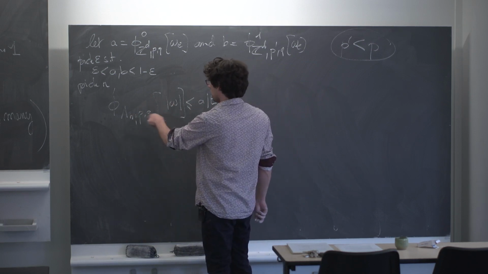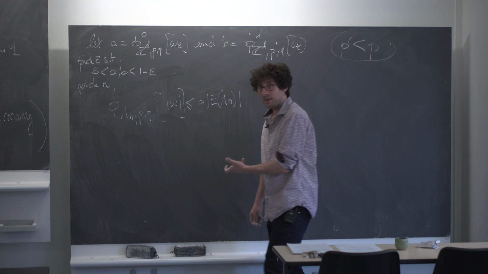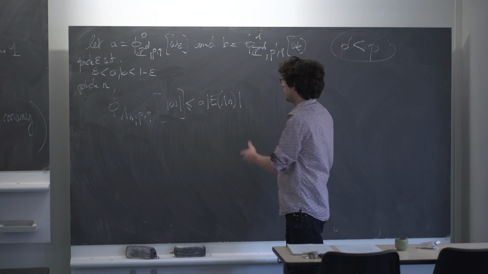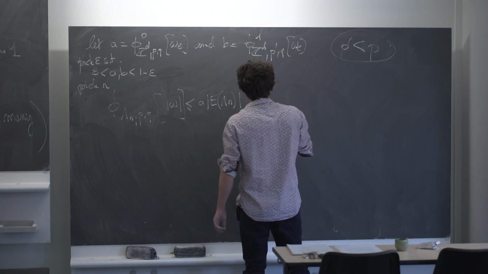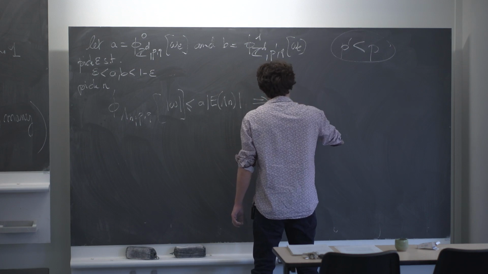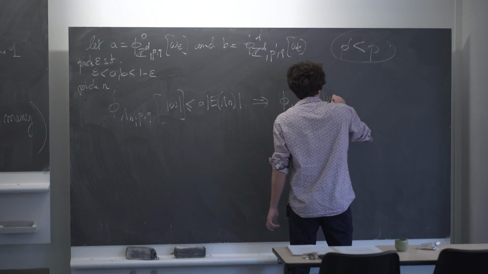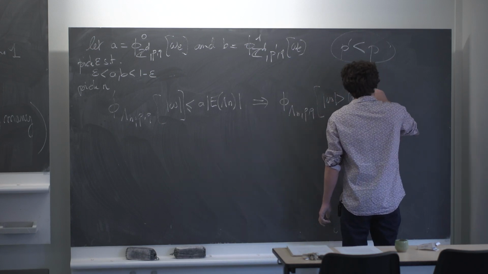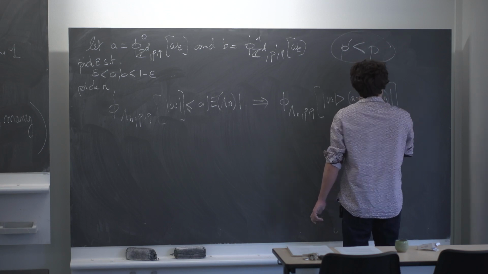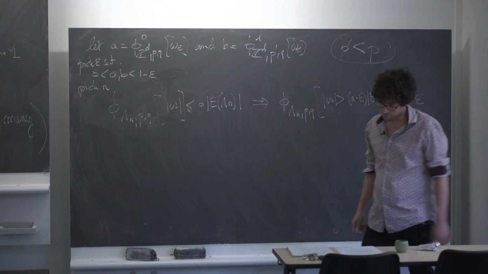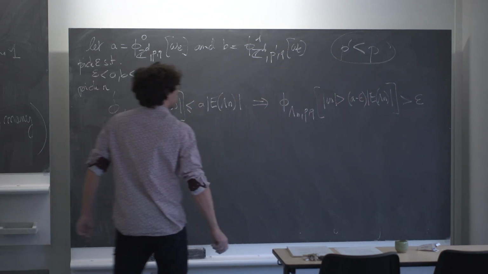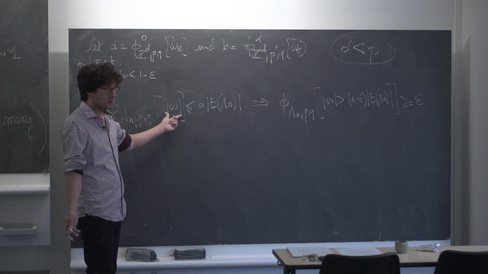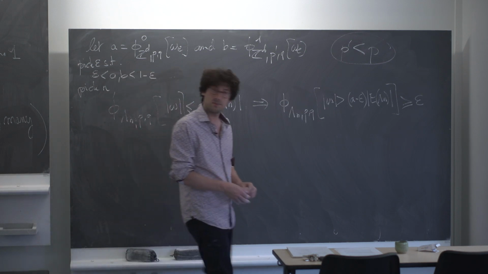So this is the sum of the phi lambda n pq of omega e, but phi lambda n is smaller than phi on Zd, therefore you get this inequality, and that implies in particular that phi lambda n pq of the event that omega is larger than a minus epsilon e of lambda n is larger or equal to epsilon. In order to derive that, it's just observing that omega is smaller than e of lambda n and using the Markov inequality.